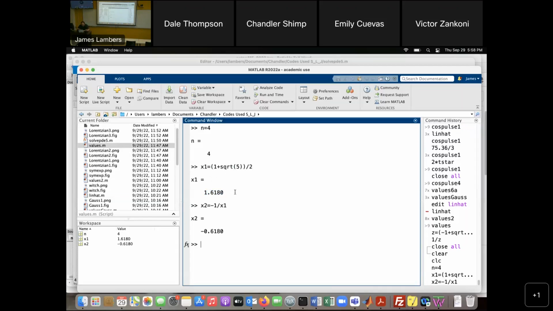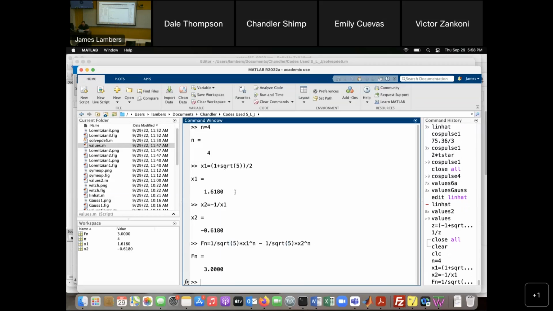Okay. So then Fn would be 1 over square root of 5 times x1 to the n minus 1 over square root of 5 times x2 to the n. And sure enough, it is the fourth Fibonacci number, 3, because you have 0, 1, 1, 2, 3.